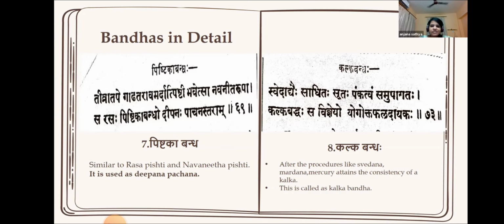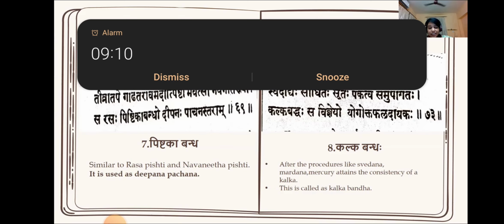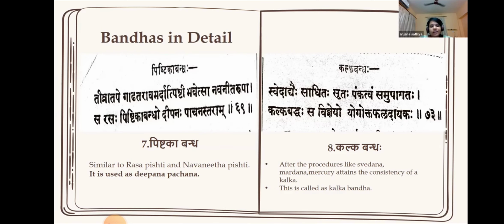In Navani Bandha it is Dugdha, and in Dresa Pishti it is Swarna and Marada only. So that is Pishtiga Bandha.